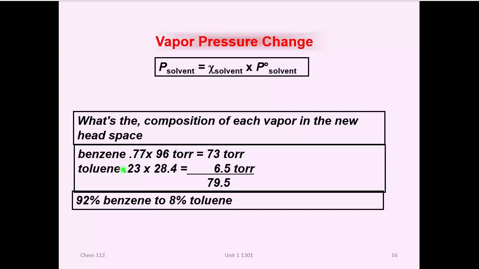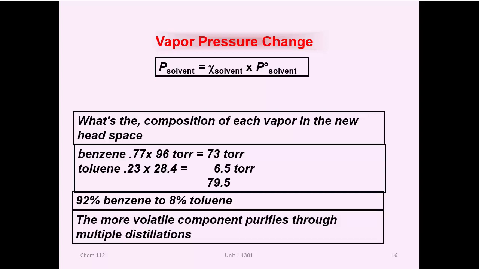Now you would increase it to 92% benzene, 8% toluene. So you could imagine the next time it's going to be even bigger and bigger. Each time you go through one of these vaporization and recondensing phases, you get it more pure for the higher vapor pressure solvent. So the more volatile component purifies through multiple distillations.